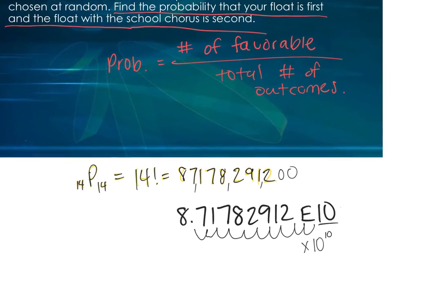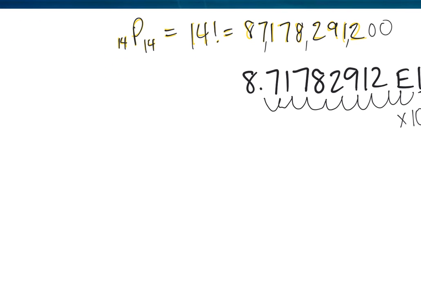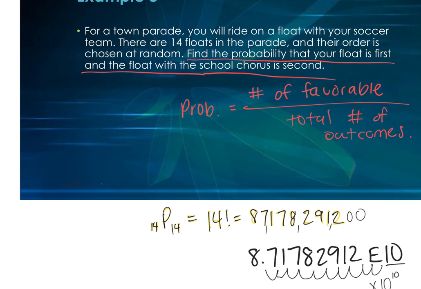That's our denominator. Now, we have to find the number of favorable outcomes, okay? How we figure that out is, well, we know that we want 2 of the events to already happen. So we need our float to be first, right? And then we need the school chorus float to be second. Do you guys agree?